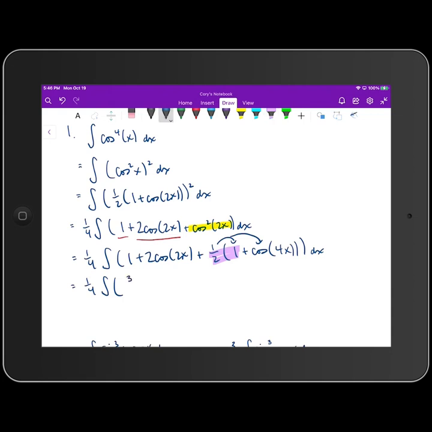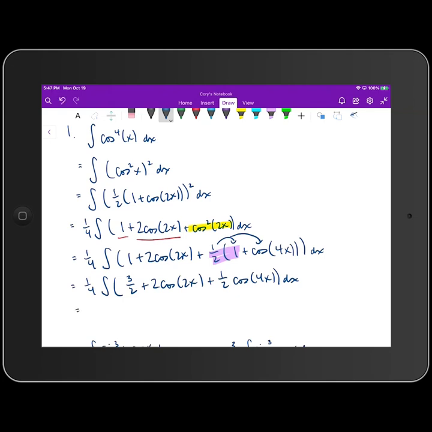So 1/2 plus 1 is 3/2, plus 2 times the cosine of 2x. And then I'm going to distribute 1/2 across the cosine of 4x, so that becomes 1/2 the cosine of 4x. And now we have something that we can integrate.